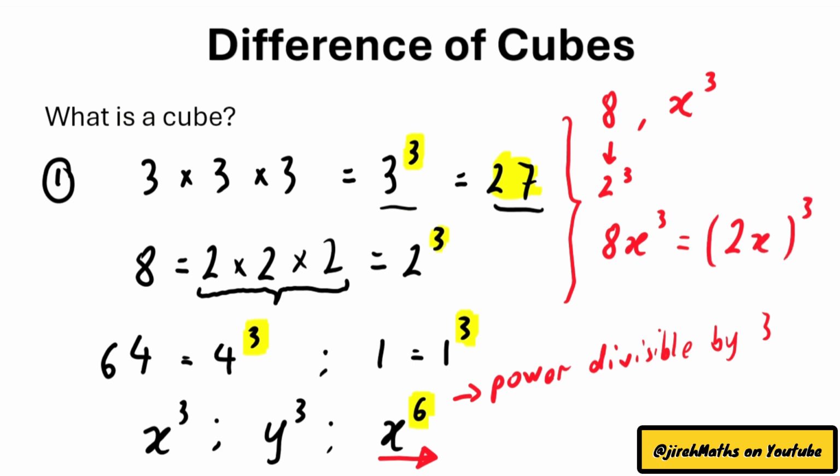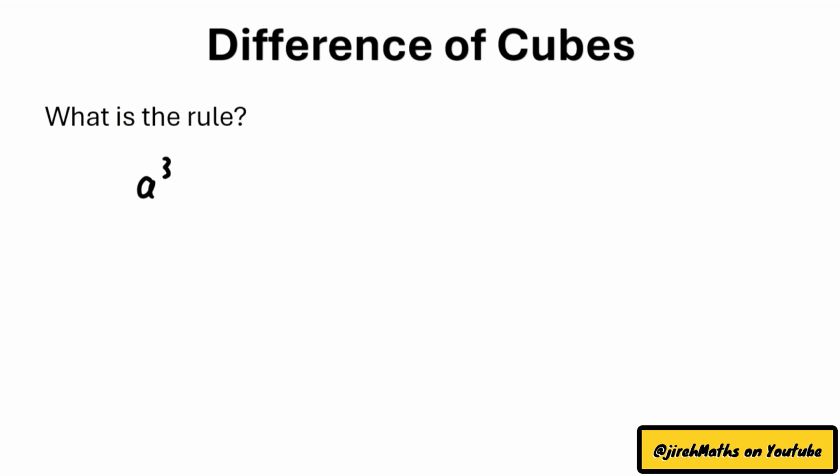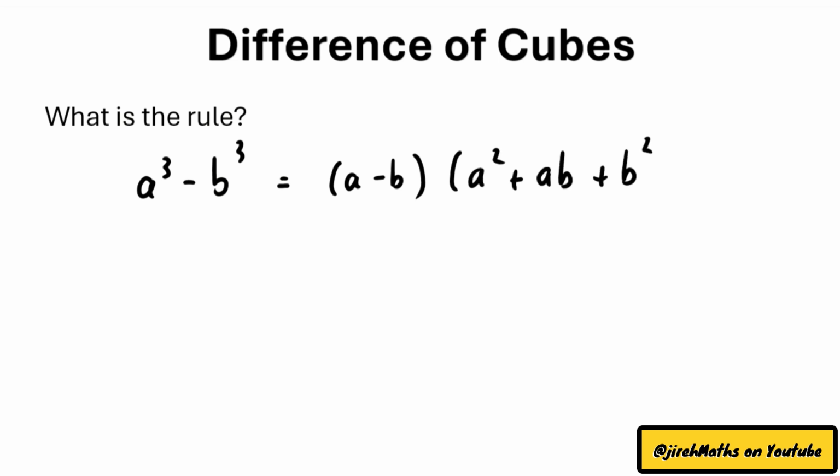Okay, now that we know that a perfect cube is a number times itself 3 times, or any variable that has a power of a multiple of 3, we can now go on to the rule a cubed minus b cubed is equal to a minus b into a squared plus ab plus b squared.